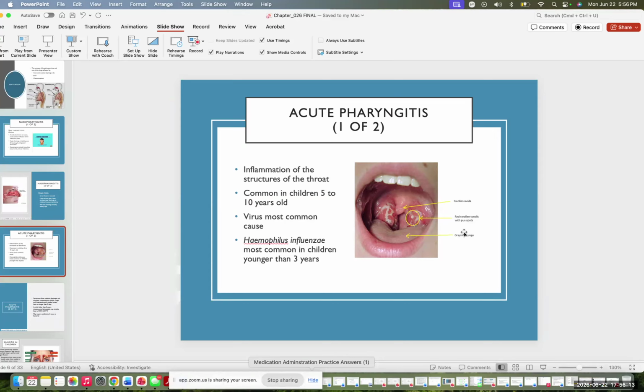Exudate. You guys have heard of that term when we were doing eggs. You guys spell it in the chat. Exudate. There you go. So white, purulent exudate.